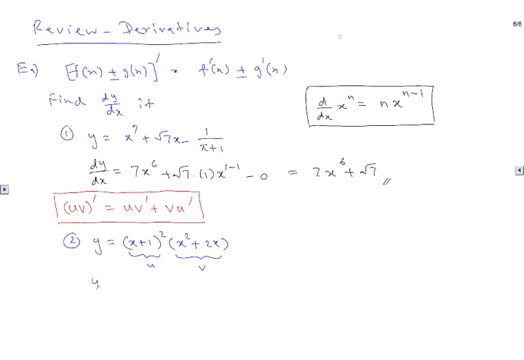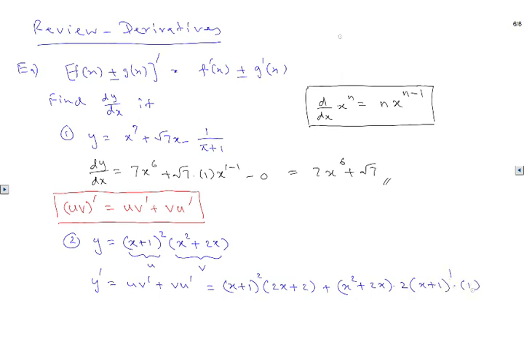So y prime is simply u v prime plus v u prime. u is (x plus 1) squared, and v prime, the derivative of the v function, is 2x plus 2. Then we leave v, which is x squared plus 2x, and take the derivative of u, which is 2 times (x plus 1) to the 1 times 1.